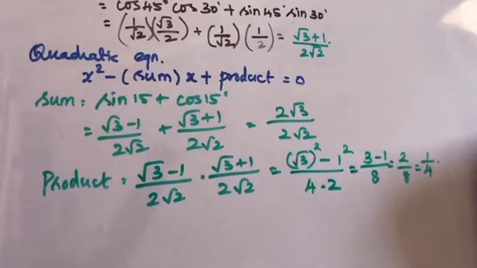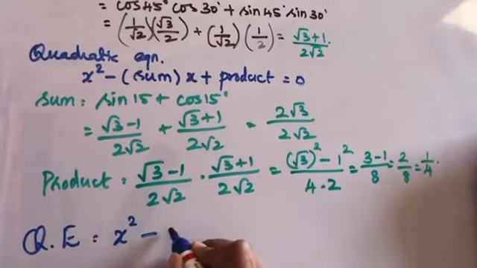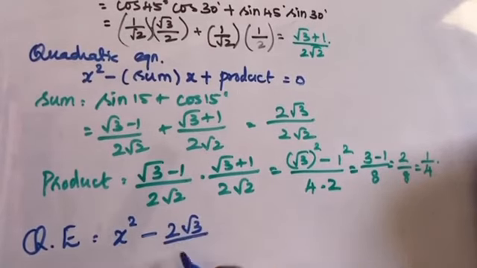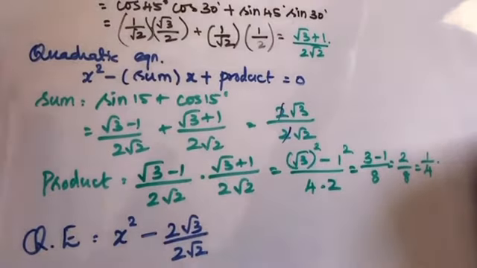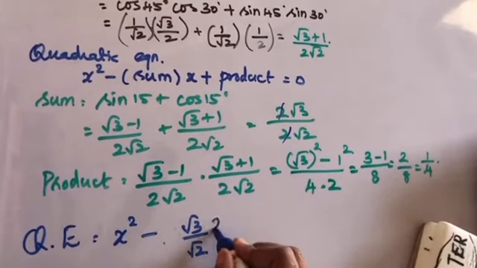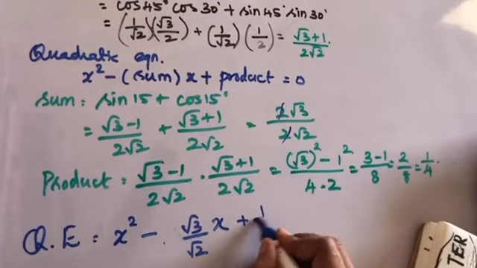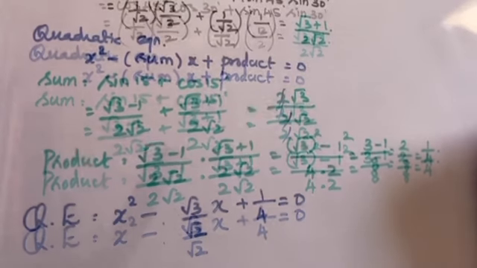So that quadratic equation is equal to x square minus 2 root 3 by 2 root 2. 2 2 will get cancelled, isn't it? So root 3 by 2, root 3 by 2 into x plus 1 by 4 is equal to 0.